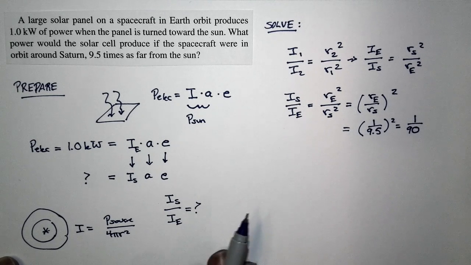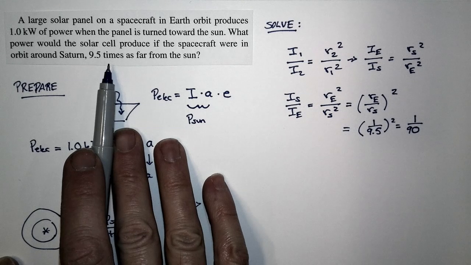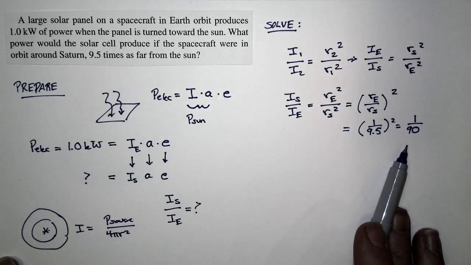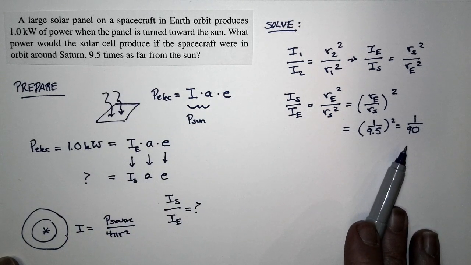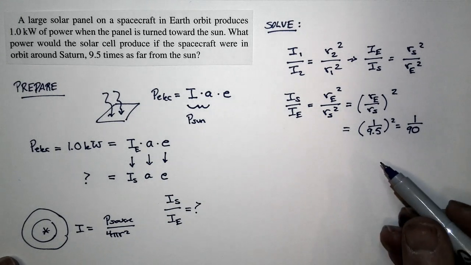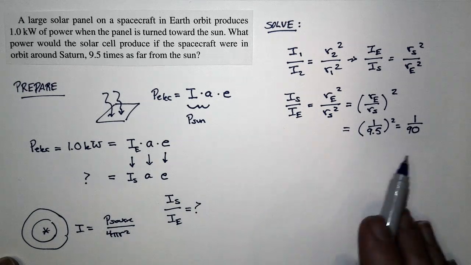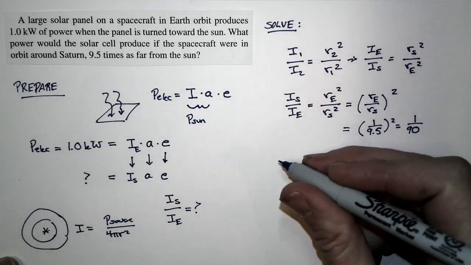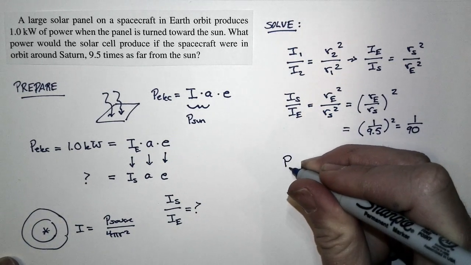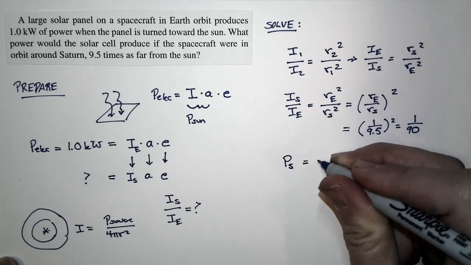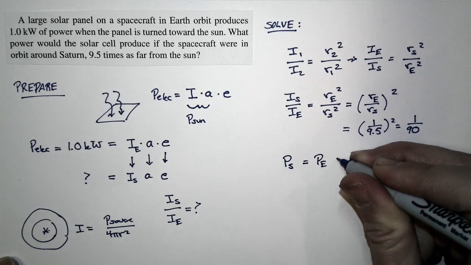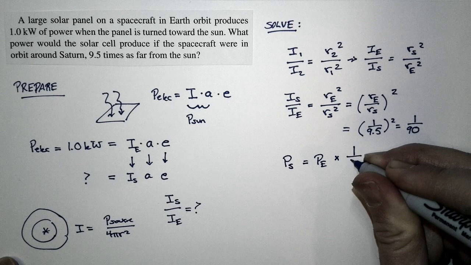That makes sense because the intensity varies as 1 over r squared. If you increase the distance by approximately 10, you're going to decrease the intensity by a factor of about 10 squared, or 100. The power is just proportional to intensity, so the power at the distance of Saturn is equal to the power at the distance of Earth times a factor of 1/90th.